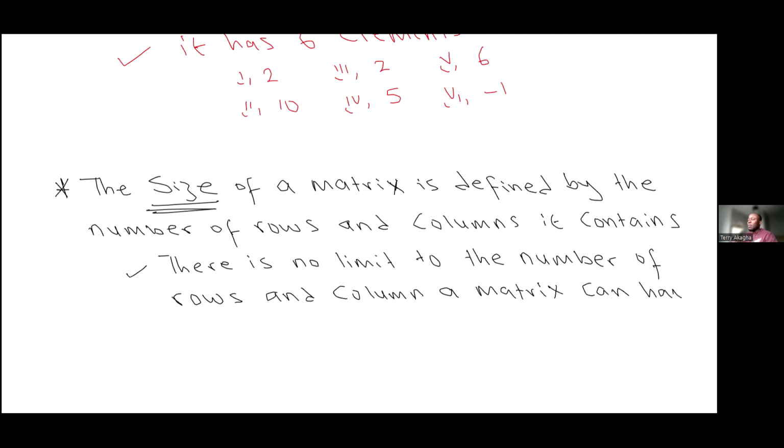There is no limit. It can be 3 by 5 and it can be 20 by 6. So far, it is a positive integer. As long as they are positive integers.